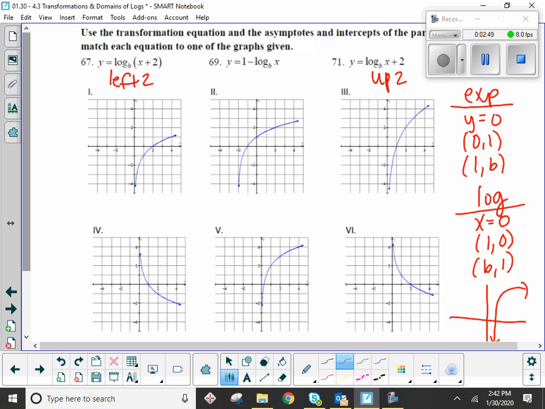Because if you look at 71, it kind of looks like the 2 is attached to the x, but it's not. The x is connected to that log thing, and the only time a number is connected to the x that's connected to the log is if there's parentheses around it. And then on number 69, the 1 right there, the constant, it's not written in the usual place that it is.